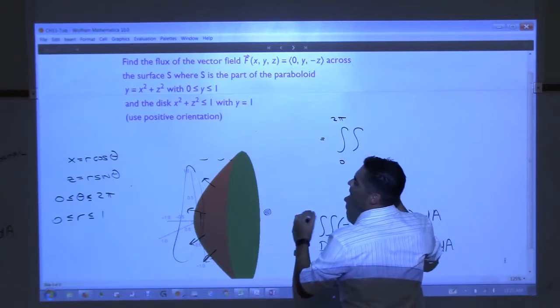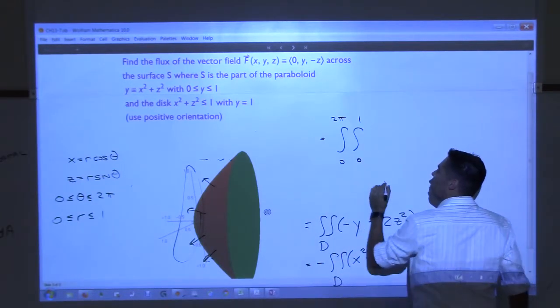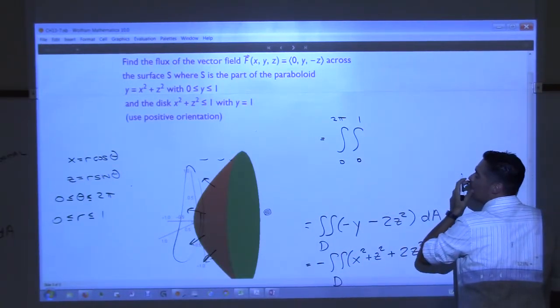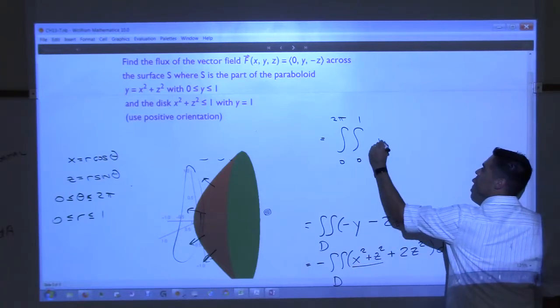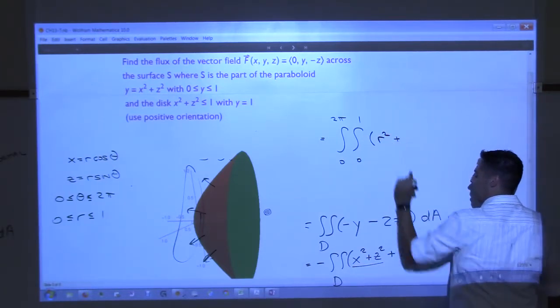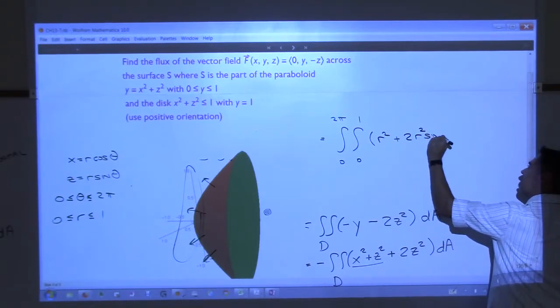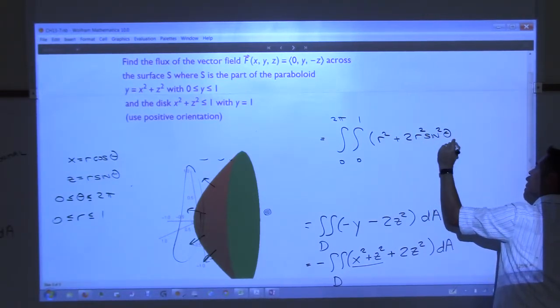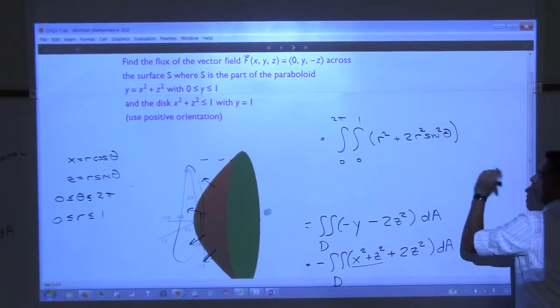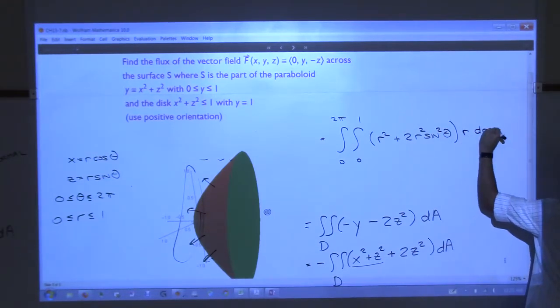Yeah, we usually do radius inside. So 0 to 1 here. And then x squared plus z squared, which is r squared, and then plus 2, and then z, you square the r sine theta, so you get r squared sine squared theta. And then r dr d theta.